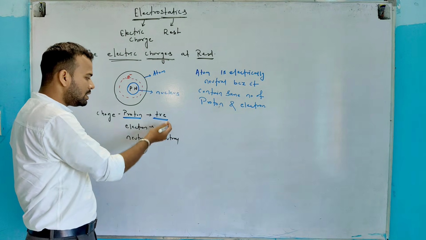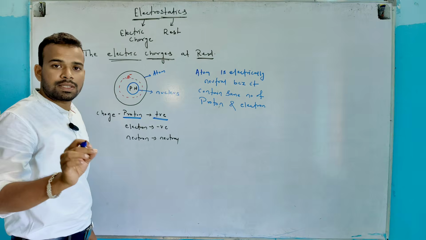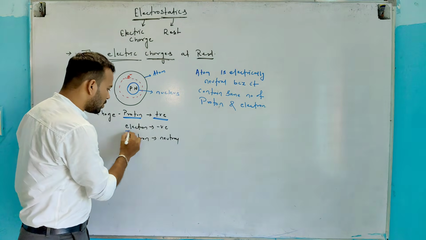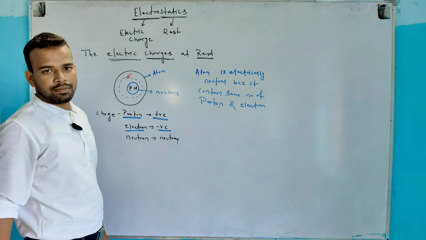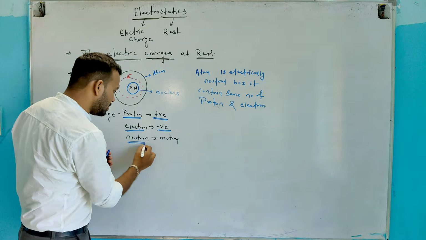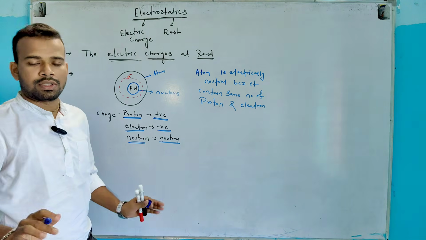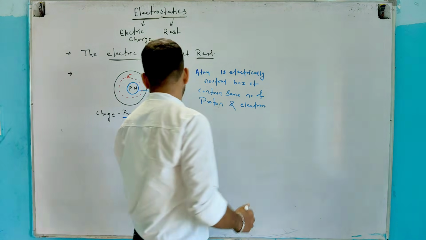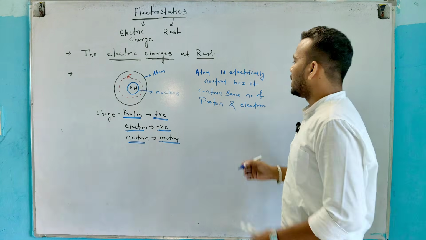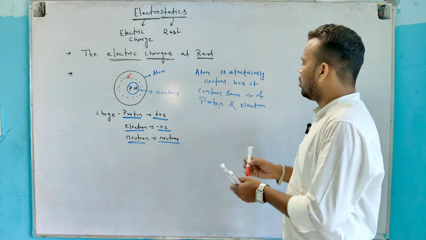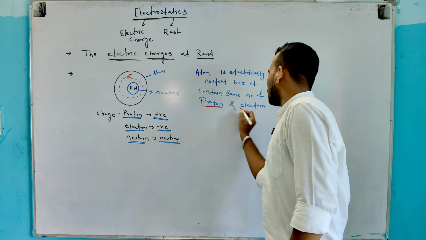And the electron which revolves around the nucleus in its specific path, the charge of the electron is negative. The charge of a neutron is neutral. Neutron has no charge.